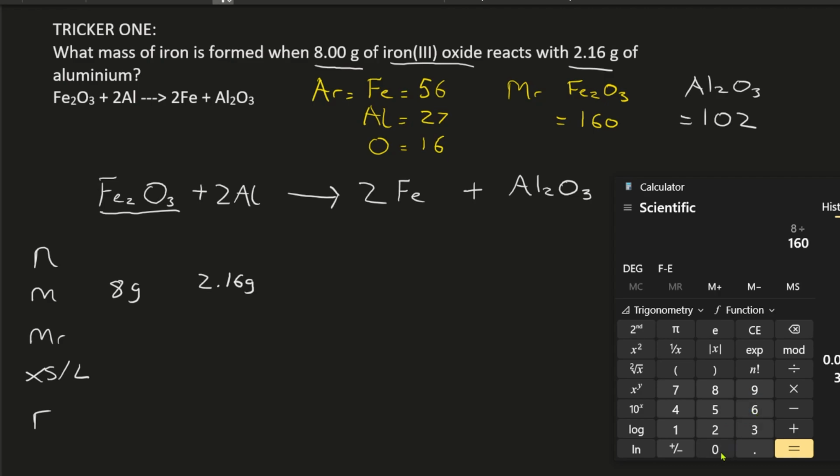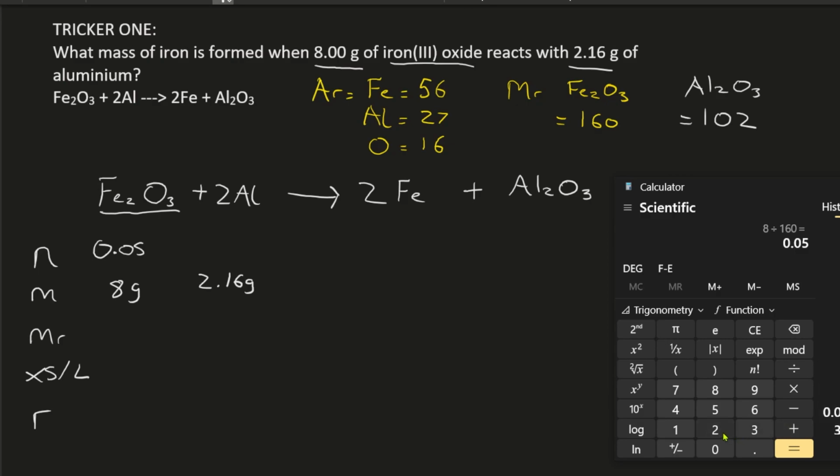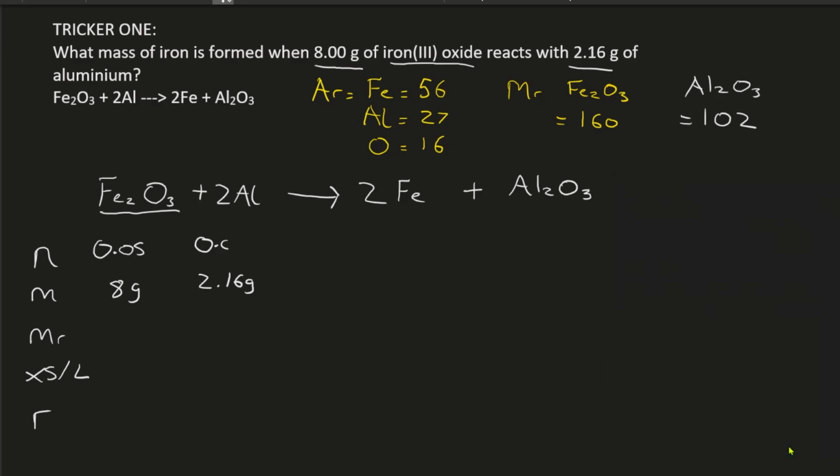Some of you can see this is quite an even number, so you can probably do it in your head, which is 0.05 moles, and then we have to do 2.16 divided by aluminium. 2.16 divided by 27, which is 0.08 moles.